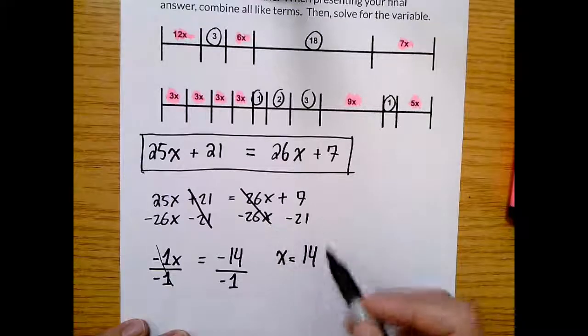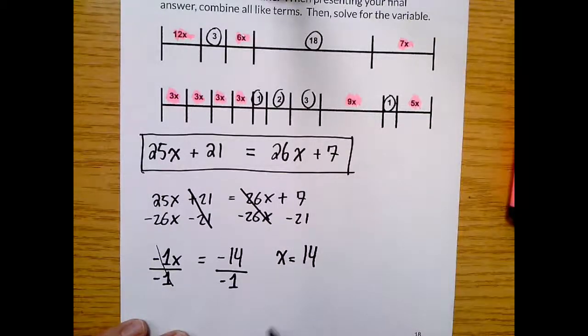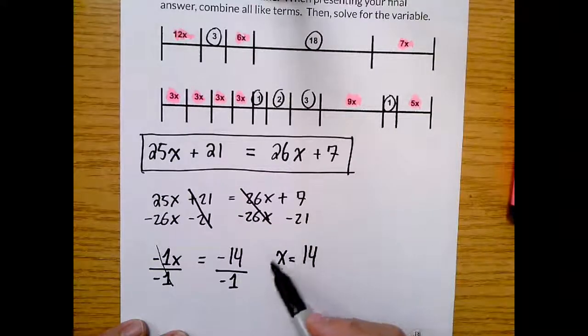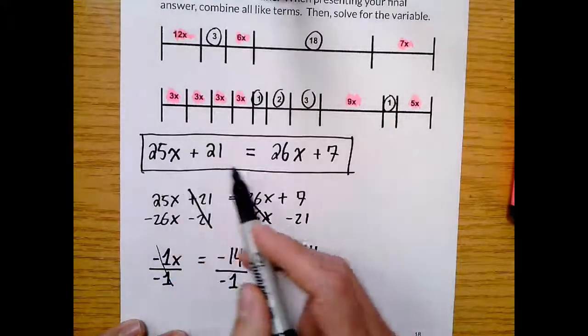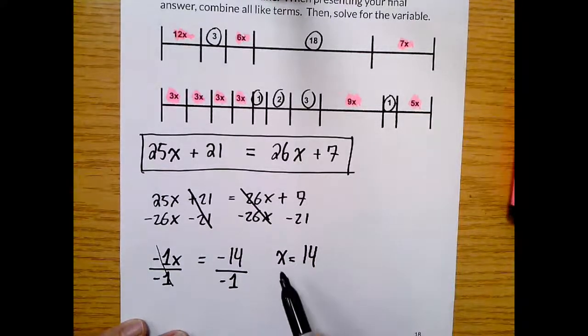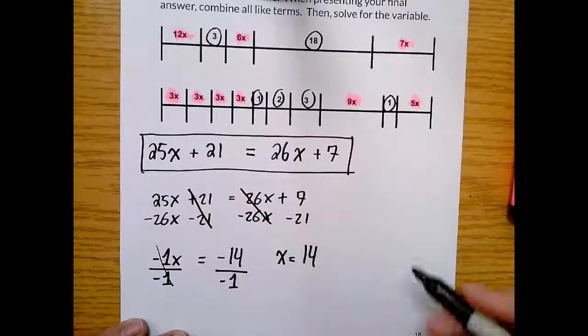Now, before we frame up and box this answer, I do think it's important that we establish the habit of substituting this x value back into our original equation we made, just to check our work. Remember, this says x is 14. That says wherever I see an x, I can stick in a 14. That is substitution.